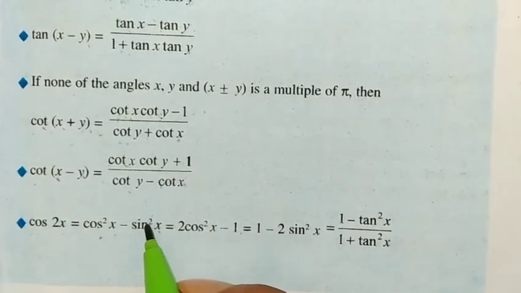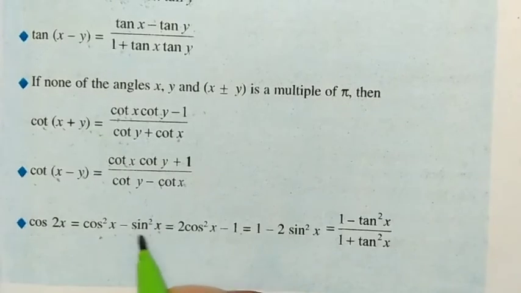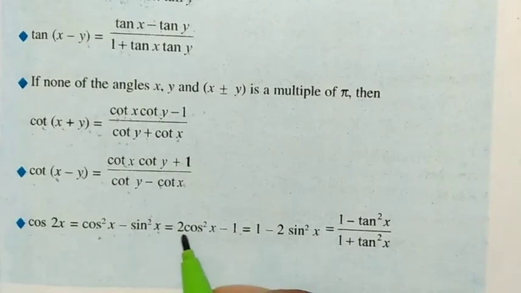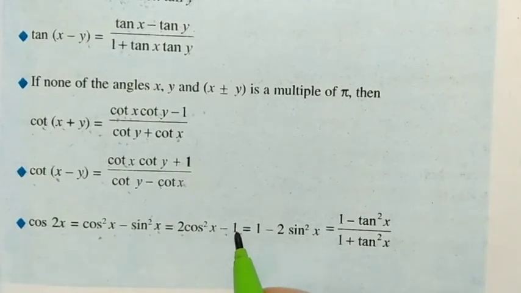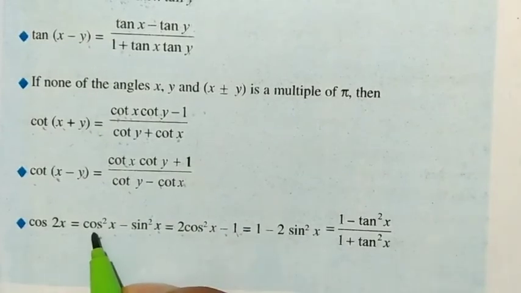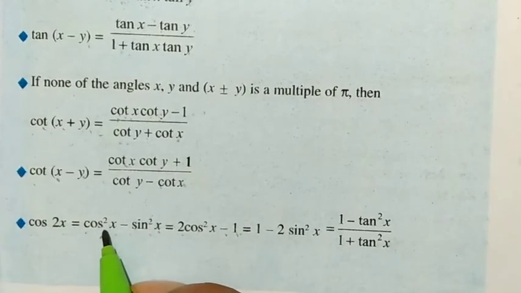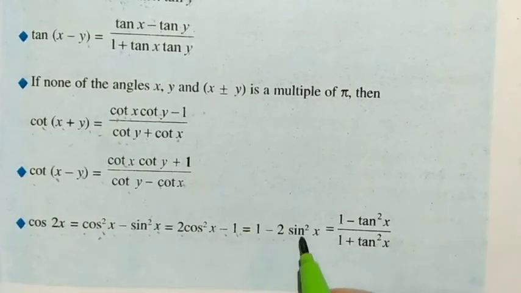We have learned that cos square x plus sin square x is 1, so sin square x is 1 minus cos square x. Just by putting this, we get 2 cos square x minus 1. Similarly, if we put cos square x as 1 minus sin square x, we will get 1 minus 2 sin square x. So this is also the same.